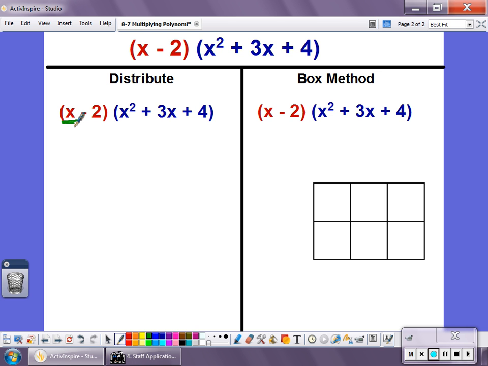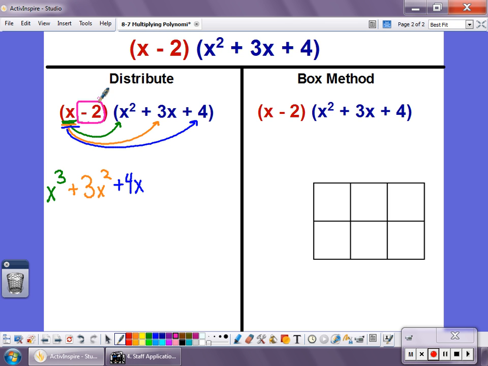I'm going to take this first term times this first term. X times x squared is going to give me x cubed. X times 3x will give me 3x squared. And x times 4 will give me 4x. Now it's time to distribute that second term. Remember, this is a negative 2.